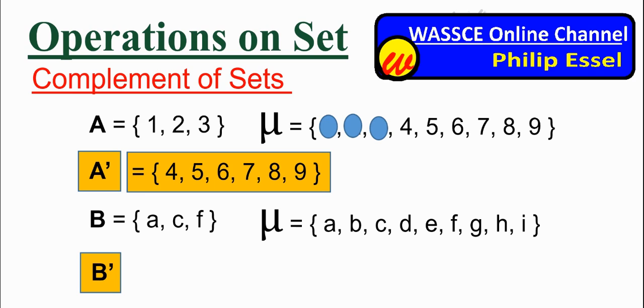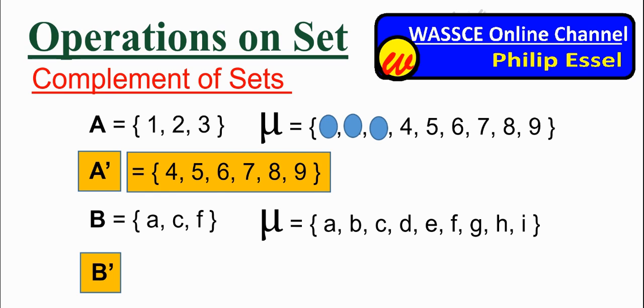As we already know, B complement simply means all members in the universal set without the members of set B. So, as usual, we'll strike the members of set B from the universal set. The remaining members in the universal set will be our B complement.